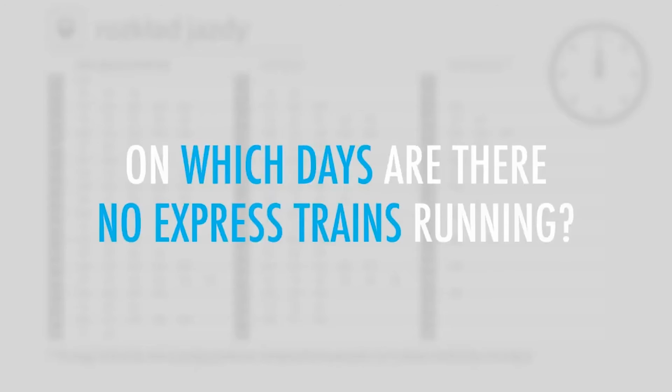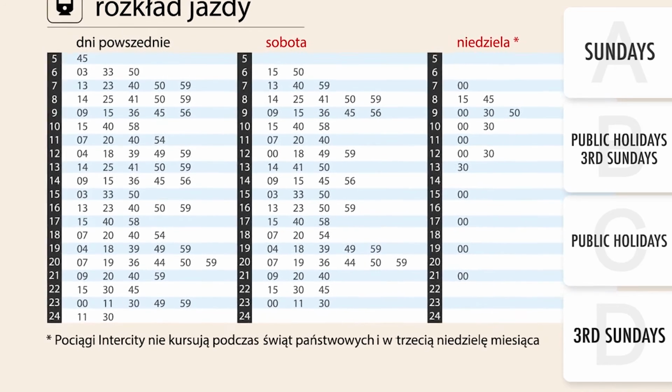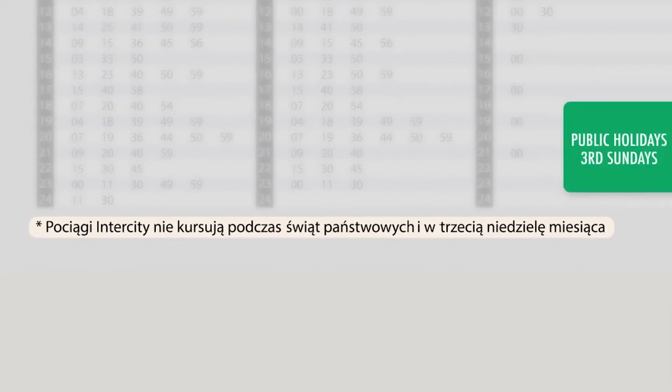On which days are there no express trains running? There are no express trains running on public holidays and the third Sunday of every month. Świąt państwowych. Trzecią niedzielę miesiąca.